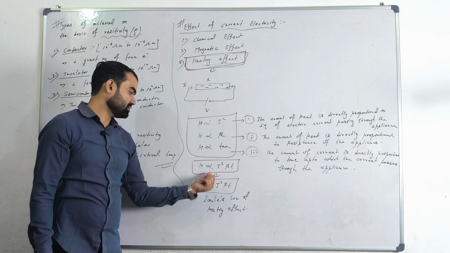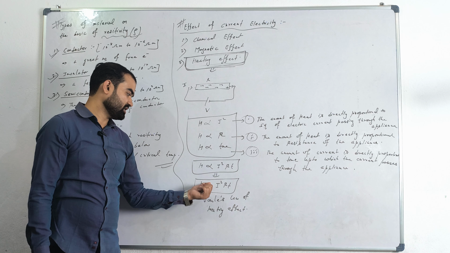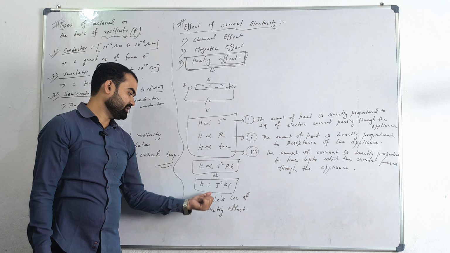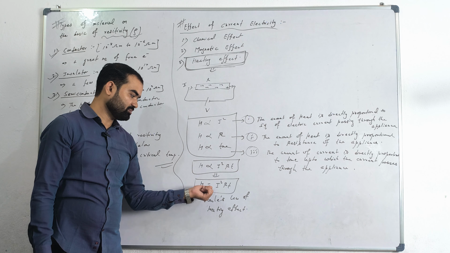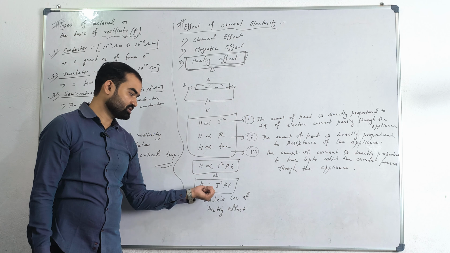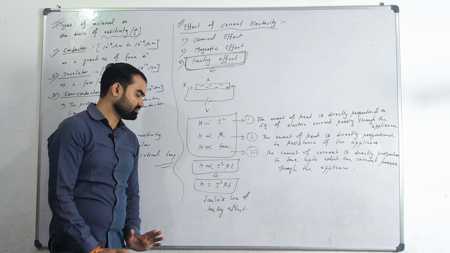After converting the proportionality sign into equality, Joule gave the proportionality constant as unity, that means the value of the proportionality constant is 1. That's why we get H equal to I square RT. That's all about Joule's law of heating effect.